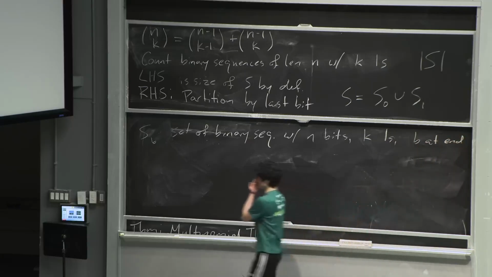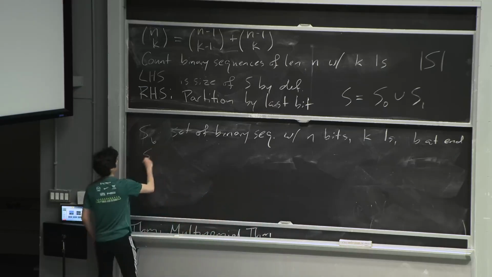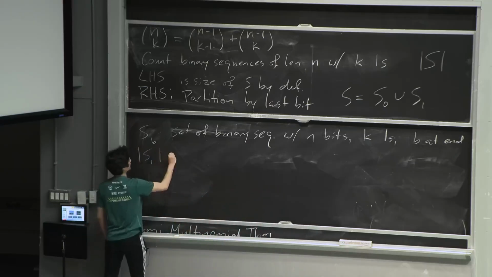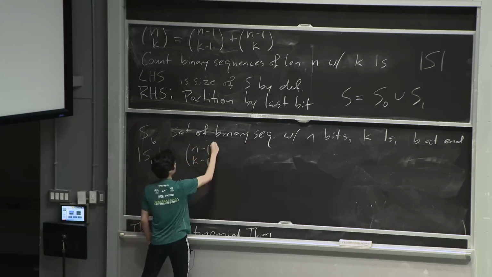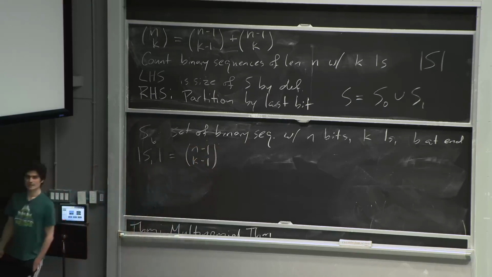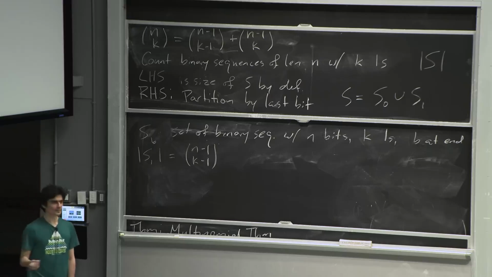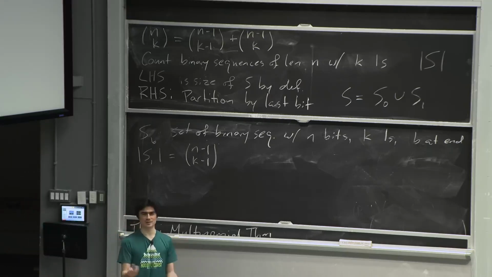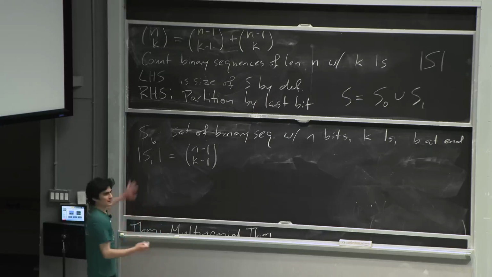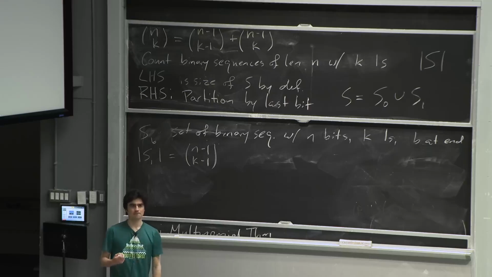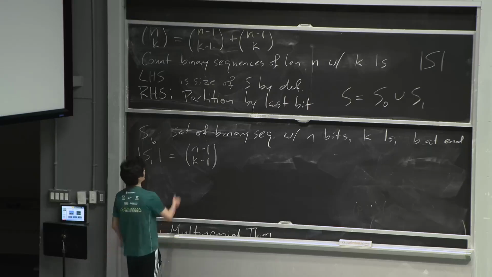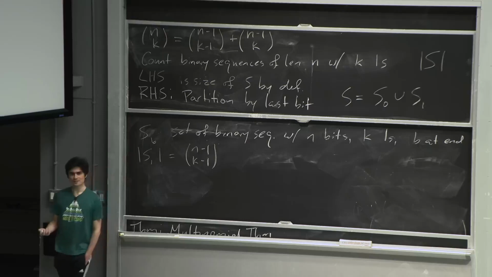S sub 1 is going to have size n minus 1 choose k minus 1, right? If we know that we've got a 1 at the end, we've got k minus 1 additional 1s that we need to place. Where can they go? Into any of the first n minus 1 positions. So there are n minus 1 choose k minus 1 ways to choose those. And what about S0?